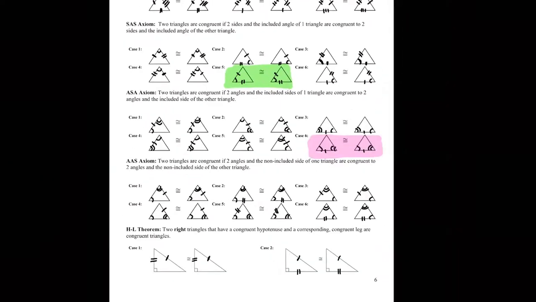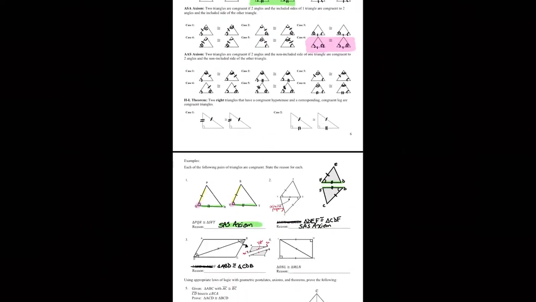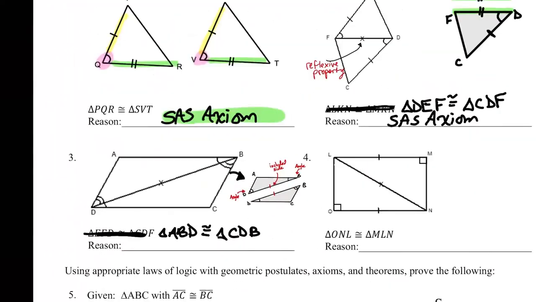All right, but this one is going to be the ASA axiom. Ooh, a little small now. All right. So as long as you know that you can rotate the figures and still end up with the same arrangement, you'll be in good shape. All right. So that's what's happening here.